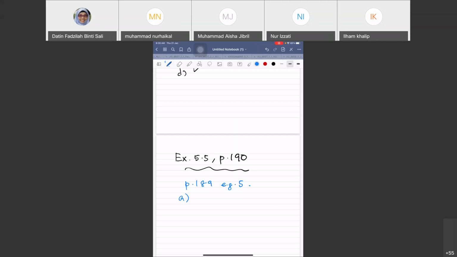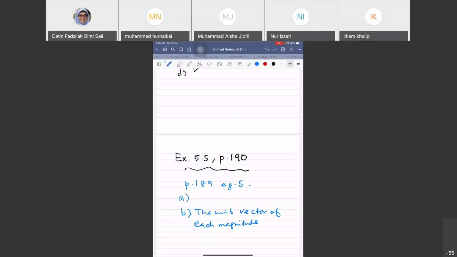But part B is asking you the unit vector of each magnitude. They say find the unit vector of each magnitude. This can be quite confusing.